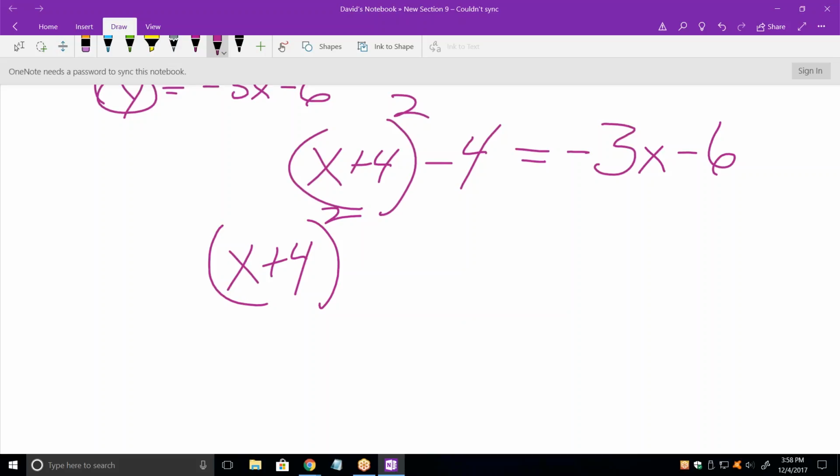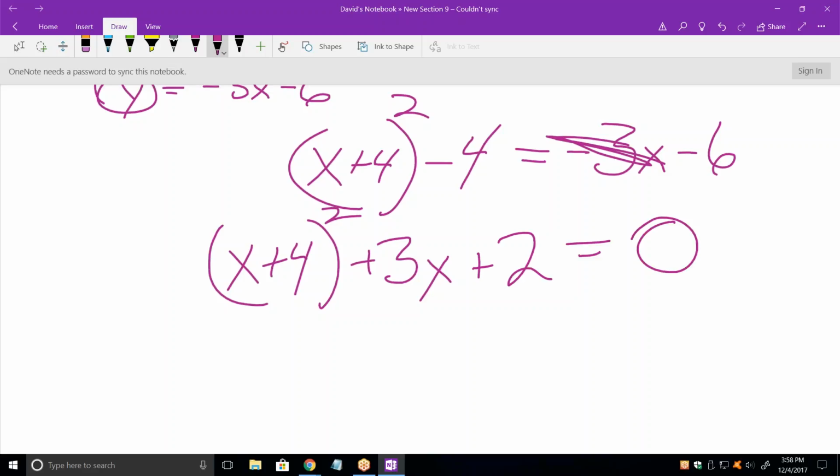When I move it over to the left side, what does it become? Just its own number, plus 3x. In other words, I just moved that to the left side. Now let's move the negative 6 over. What's the net result? Plus 2. Okay, so now we got that.